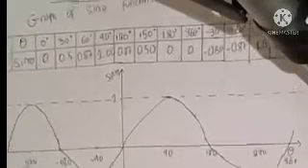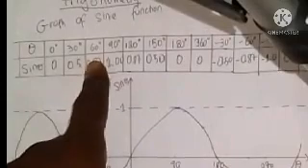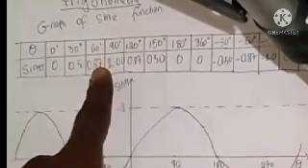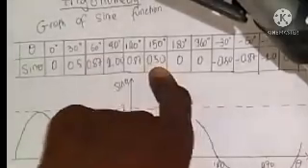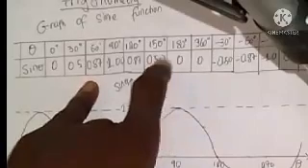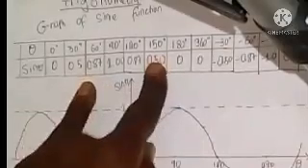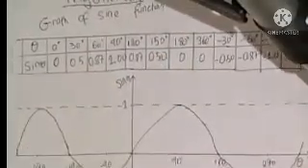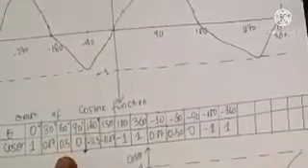So if we check on our table, sine 60, add 90 degrees to it, gives you sine 150. Now the values, 60 degrees add 90 degrees gives you 150 degrees. Check the value of cos 60 is 0.5, and the value of sine 150 is 0.5.